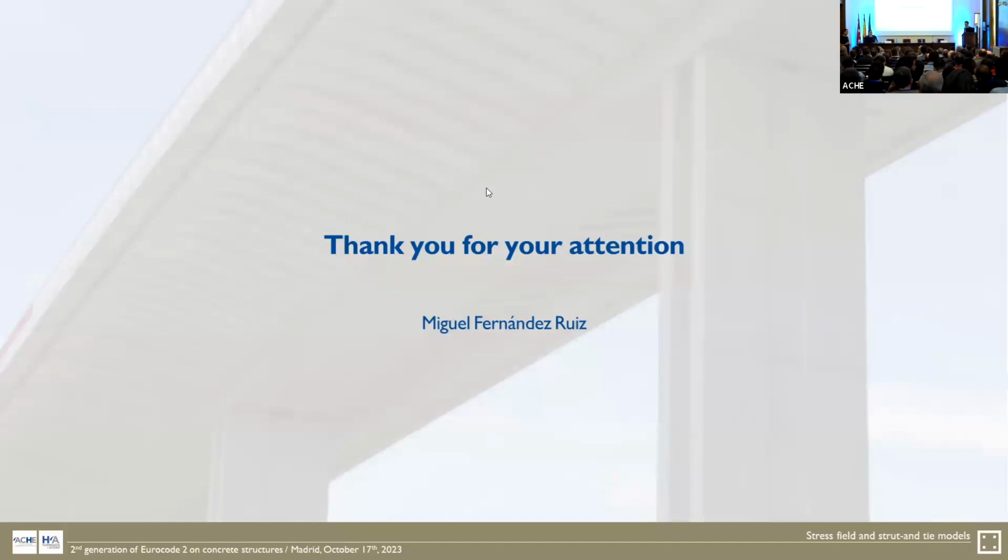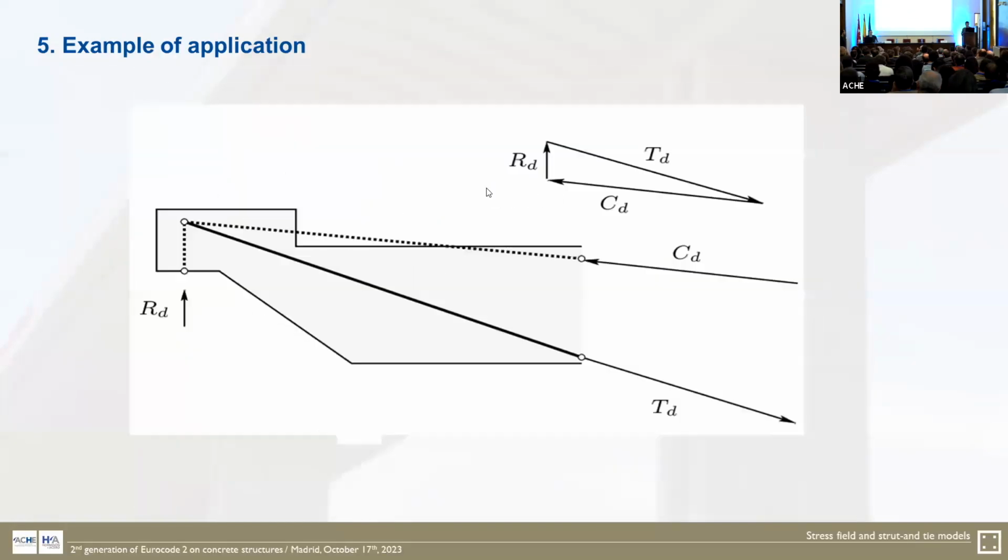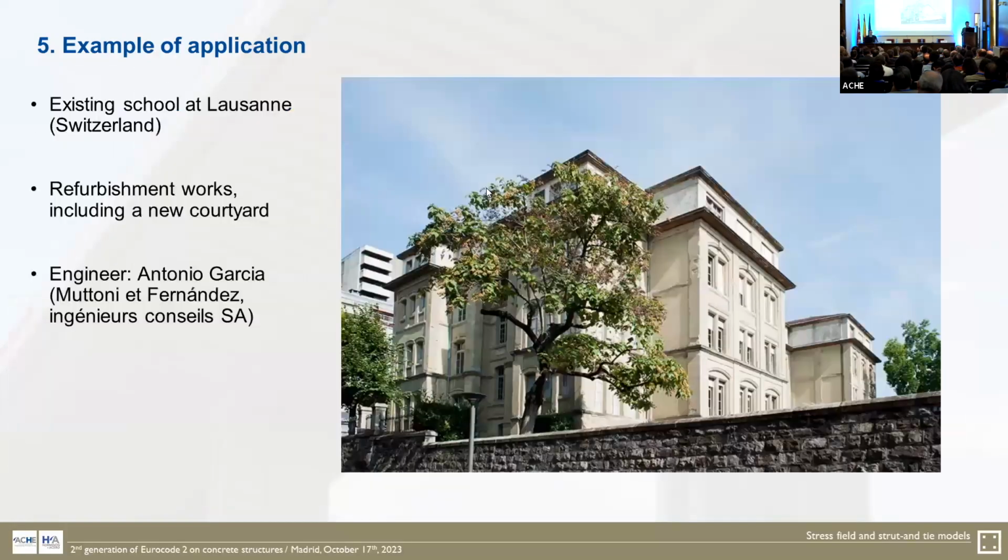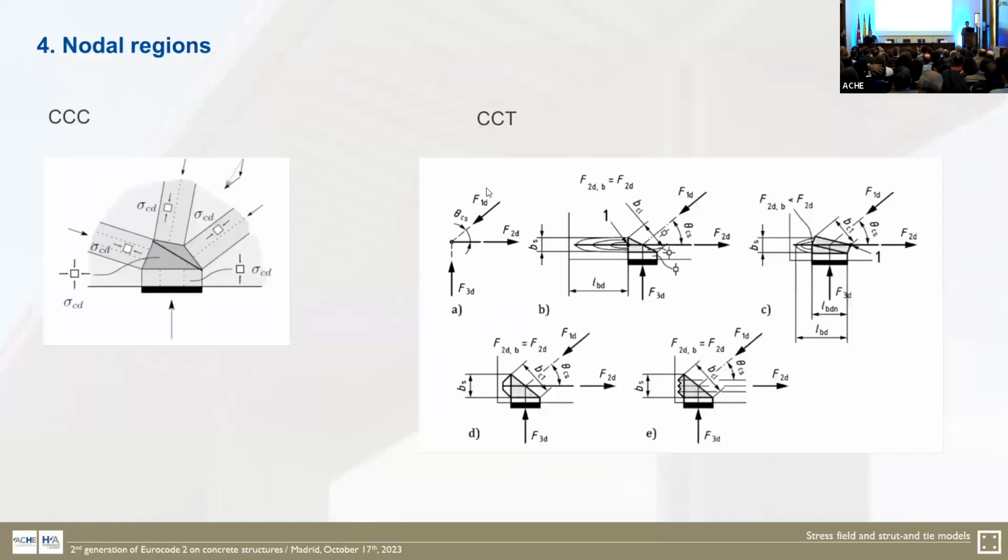Second point is that at a CCT node, as you showed earlier, part of your anchorage length within the node is subject to transverse compression. Exactly. And then the remainder is not subject to that. Now, the detailing rules don't actually allow for that.